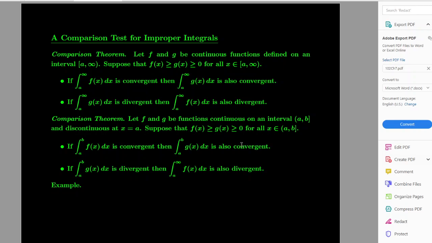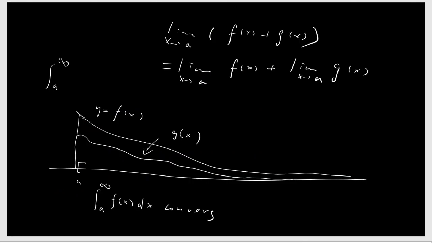And likewise, I also hope it's not too hard to understand. You look at the second conclusion, okay? The second conclusion means if the integral of a smaller function is divergent, then the integral of a bigger function is also divergent.